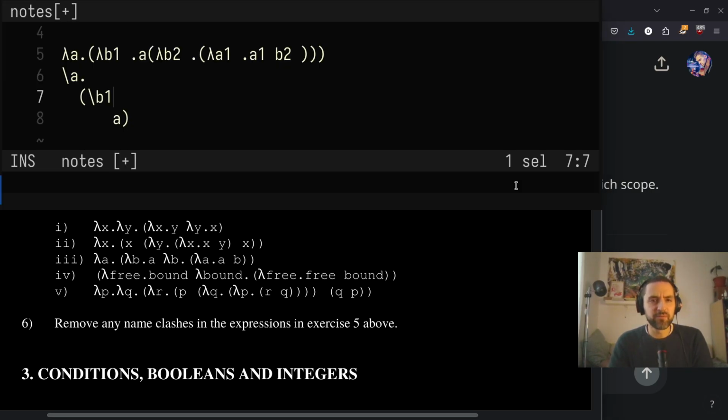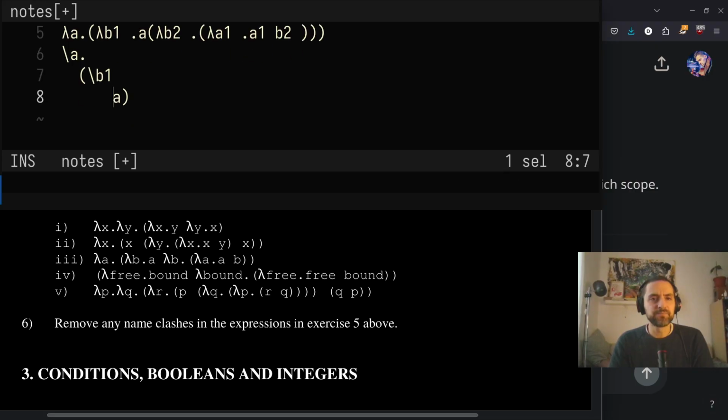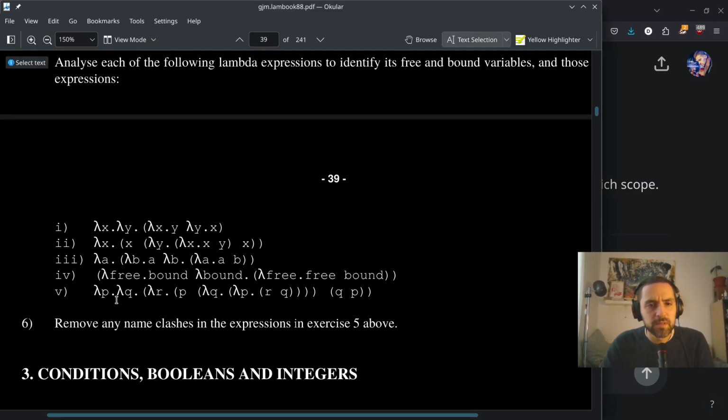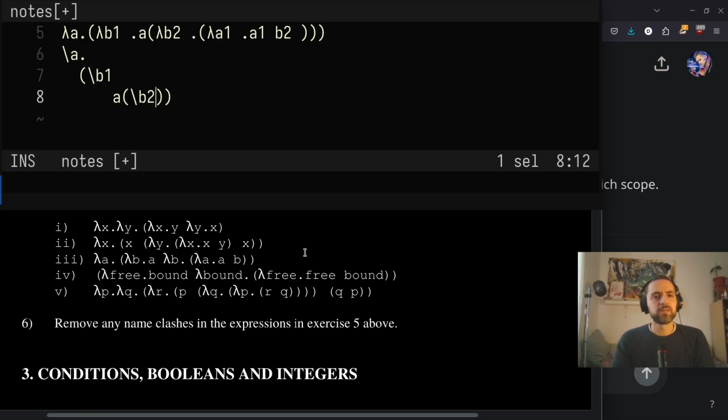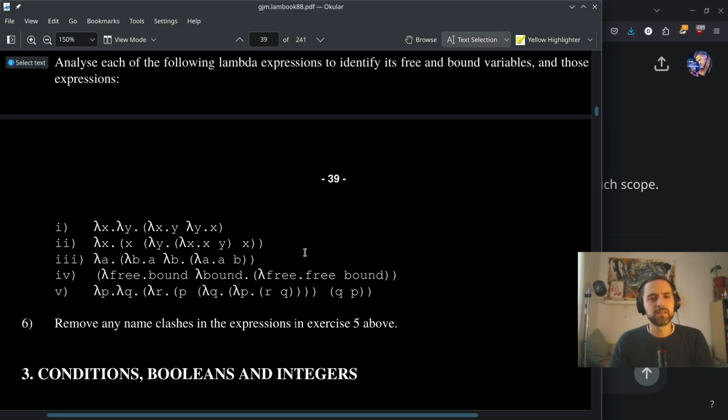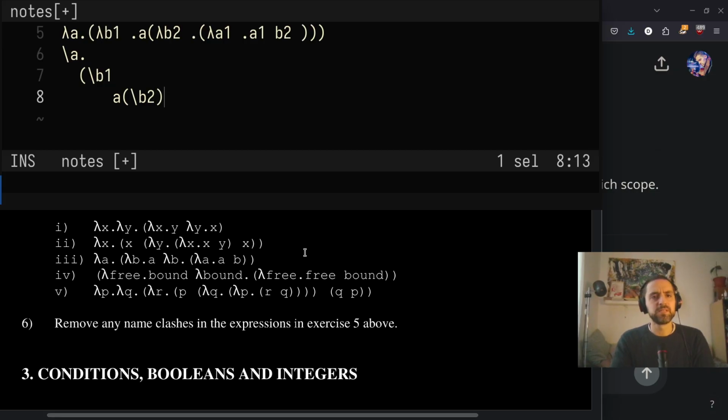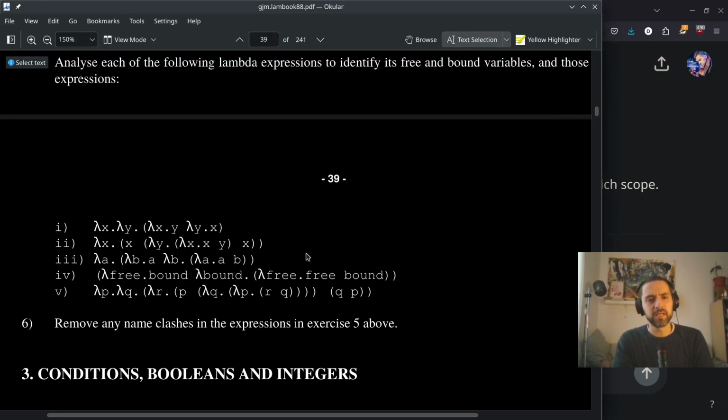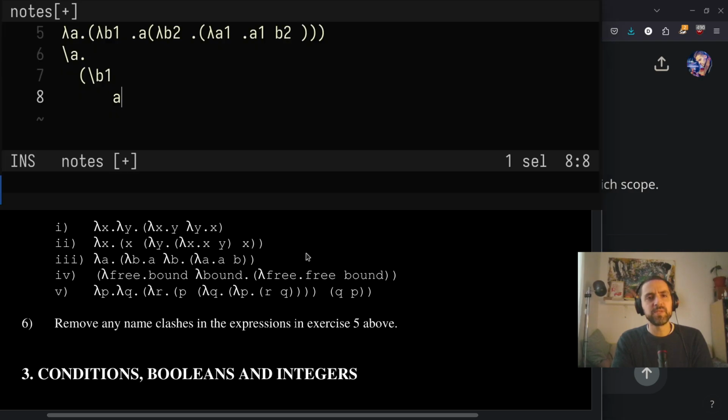Oh, this is really tricky. So lambda B1 and A, and this lambda B2. Okay? Yeah. Lambda B2. Lambda B1 A. No, this is wrong. Lambda B1 A. And lambda B2.